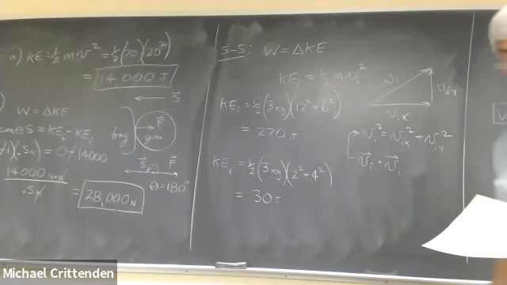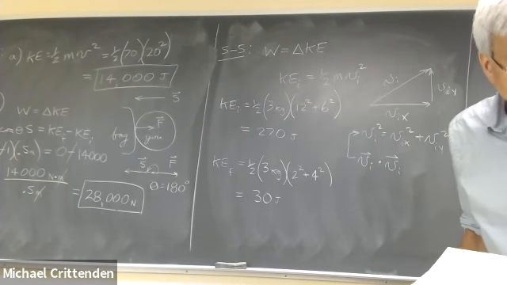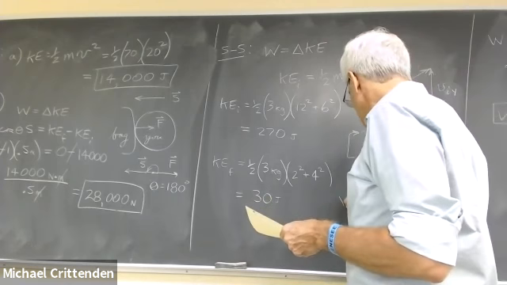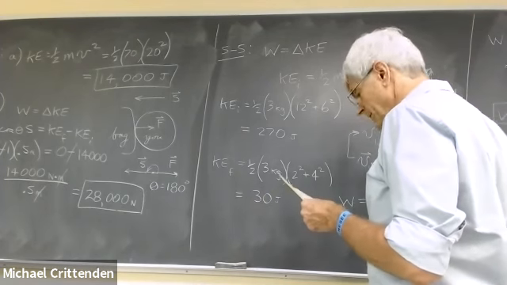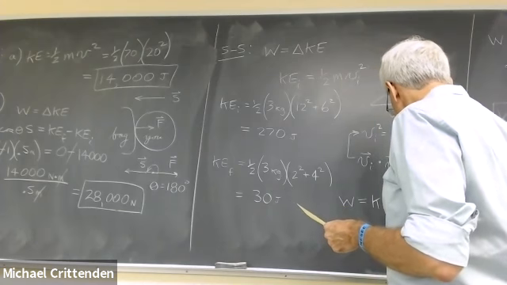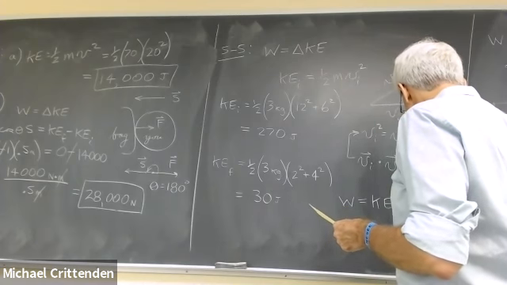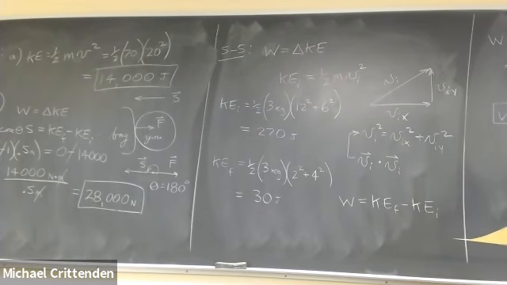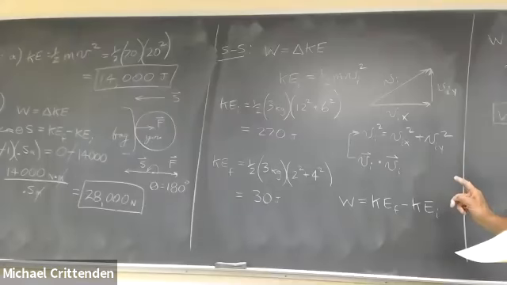Work, according to the work energy theorem, work is equal to the change in the kinetic energy. Delta anything is always final minus initial. It doesn't mean subtract in whatever order makes it positive.